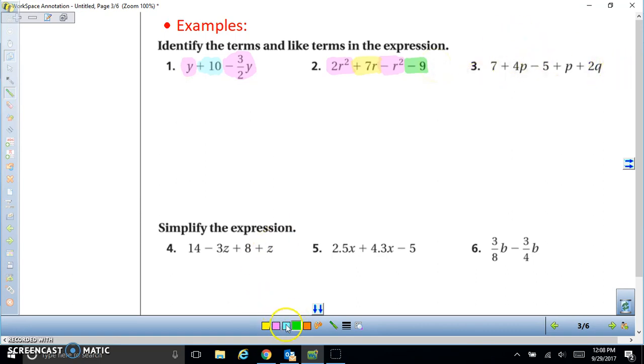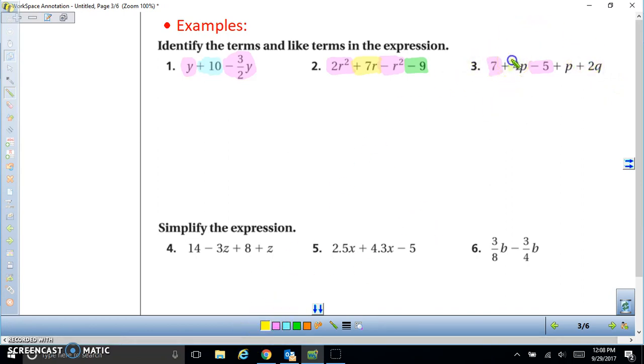3. Looking for anything that is just a number, no variable with it. 4 has a variable. -5 is just a number, so it's a like term. P, variable, not a like term. 2q, q is a variable, not a like term. All right, let's go back through.